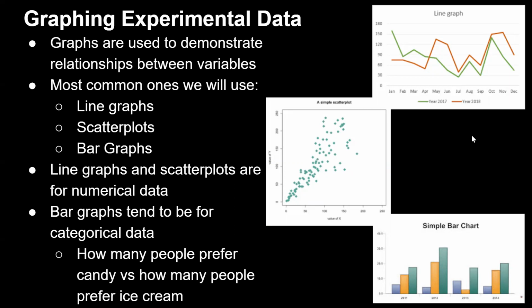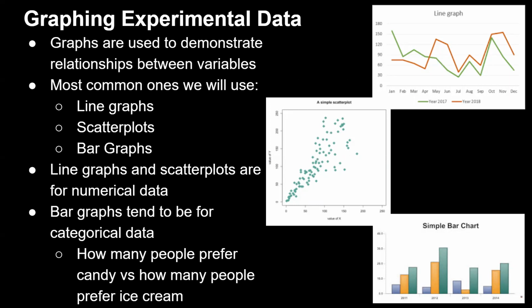And that is data that is measured with numbers, which it sounds kind of silly that I would have to say that, but I see students make that error a lot. I see them trying to do a bar chart for data that doesn't make sense to do a bar chart, or trying to do categorical data in a line graph, which again doesn't make sense.